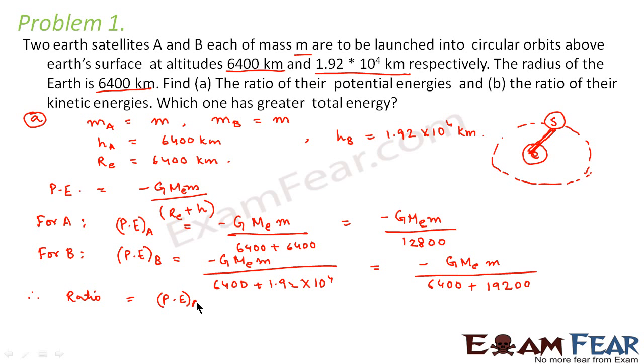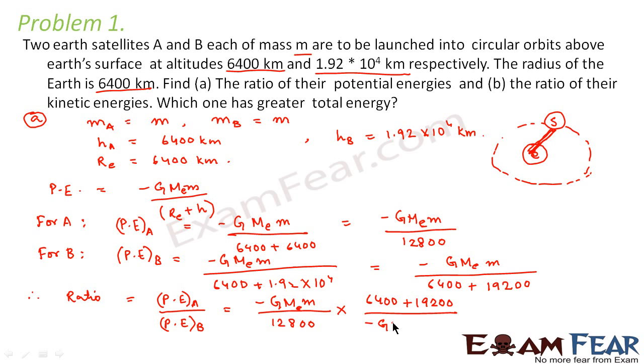The ratio of potential energies would be equal to potential energy of A divided by potential energy of B. So this would be equal to minus G ME m divided by 12800, over minus G ME m divided by 6400 plus 19200.